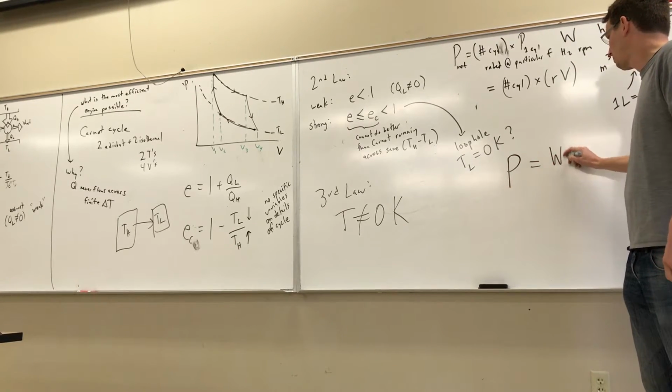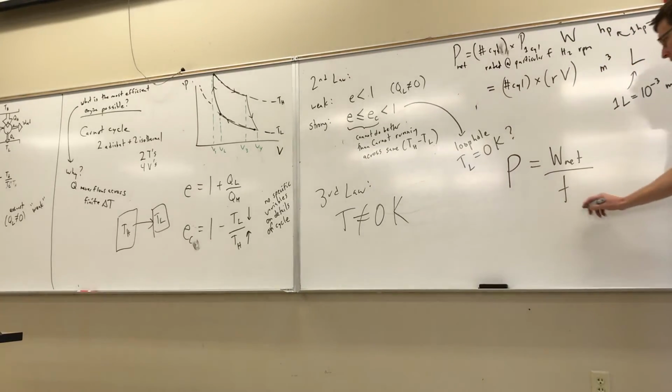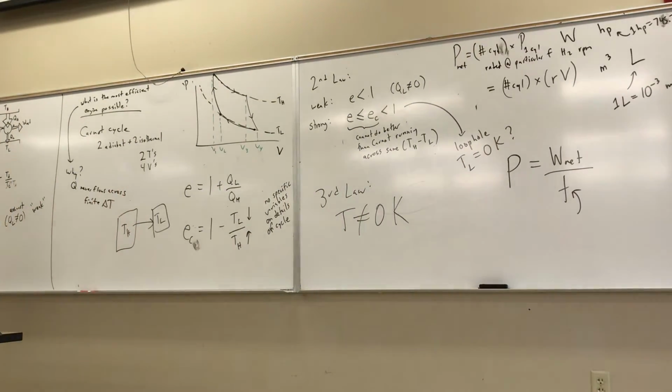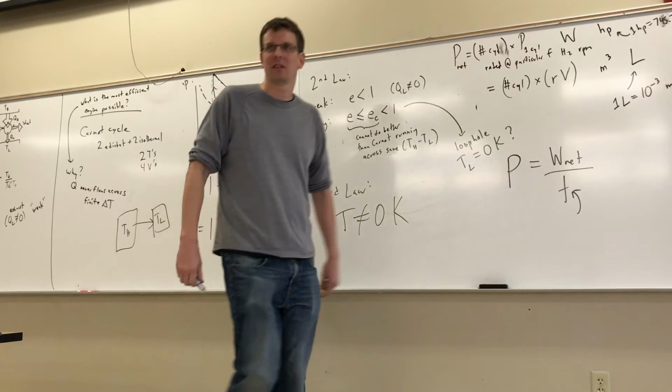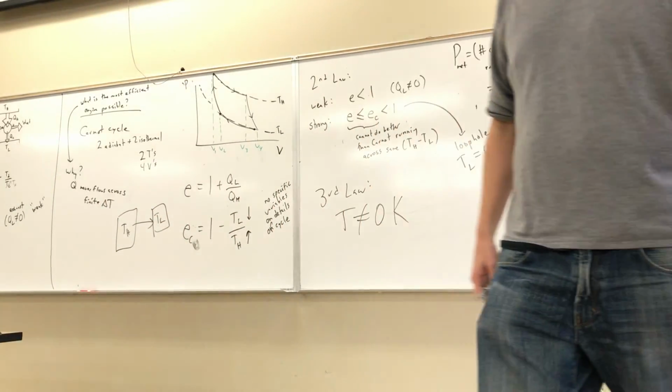Well, if we're talking about power output, the problem is time. It takes forever to implement this cycle because of what? What does it have in it that makes it really annoying? It has 2 isothermal processes which take forever to implement. These are high efficiency, extremely low power applications.